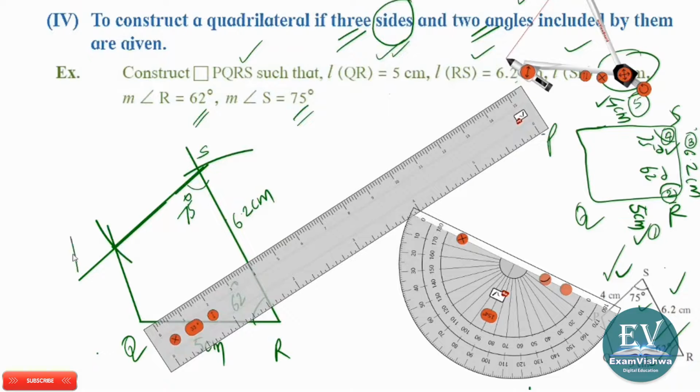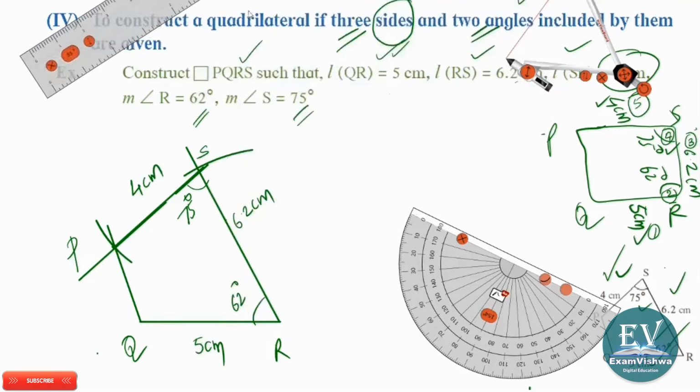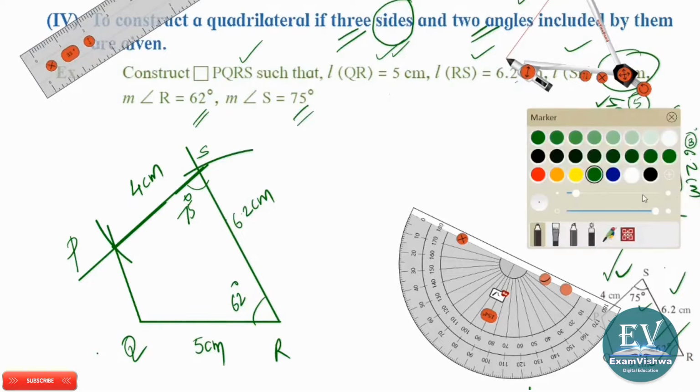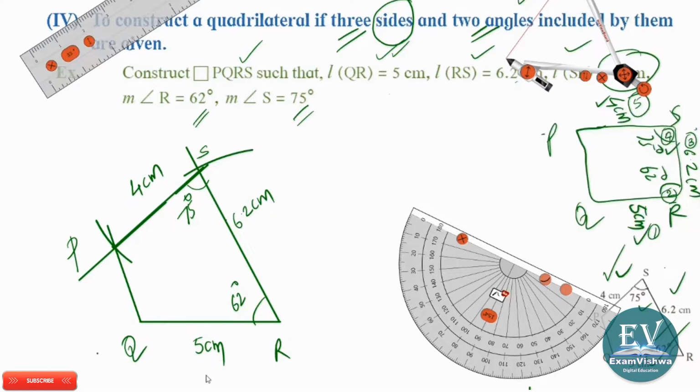So P is marked at a distance of 4 centimeter from S, and as everything is clear, there is no problem. We know that 5 centimeter, then 6.2 centimeter, 62 degree, 75 degree, and at last 4 centimeter, everything perfect.